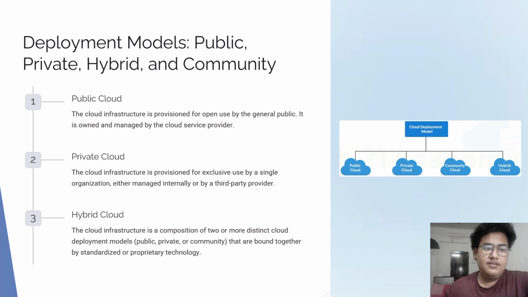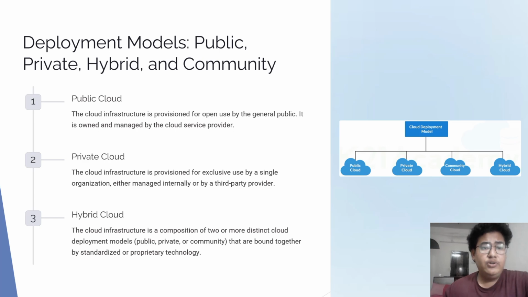The third one is hybrid cloud. Hybrid cloud combines public and private cloud environments, giving organizations more flexibility. Sensitive data can stay in a private cloud, while less critical workloads can use a public cloud, creating a balance between cost and security.